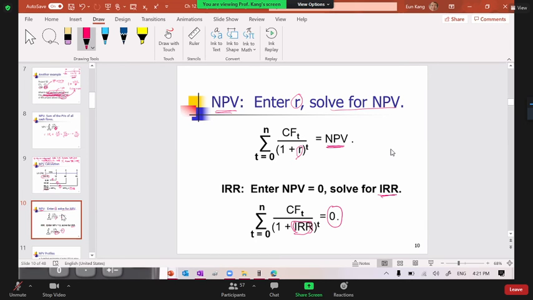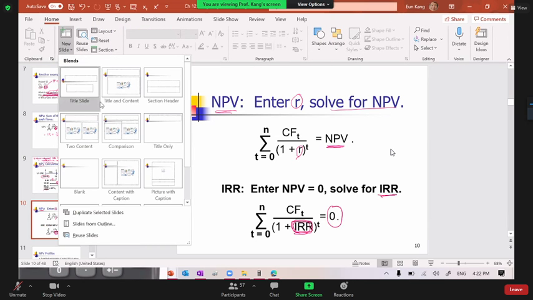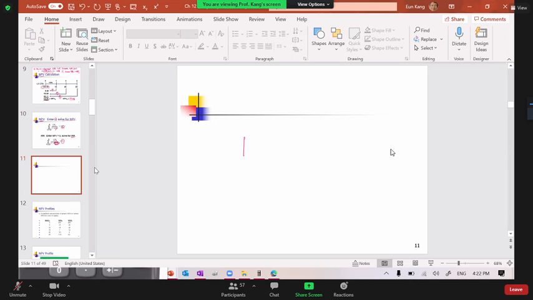IRR is actually, believe it or not, the return of the project. That's extremely important. Just in case you forget about IRR, it's like this. At time 0 you invest $100 and at time 1 you get 120. What is your return? 20%. Everybody knows that, right? 20 over 100 is 20%.